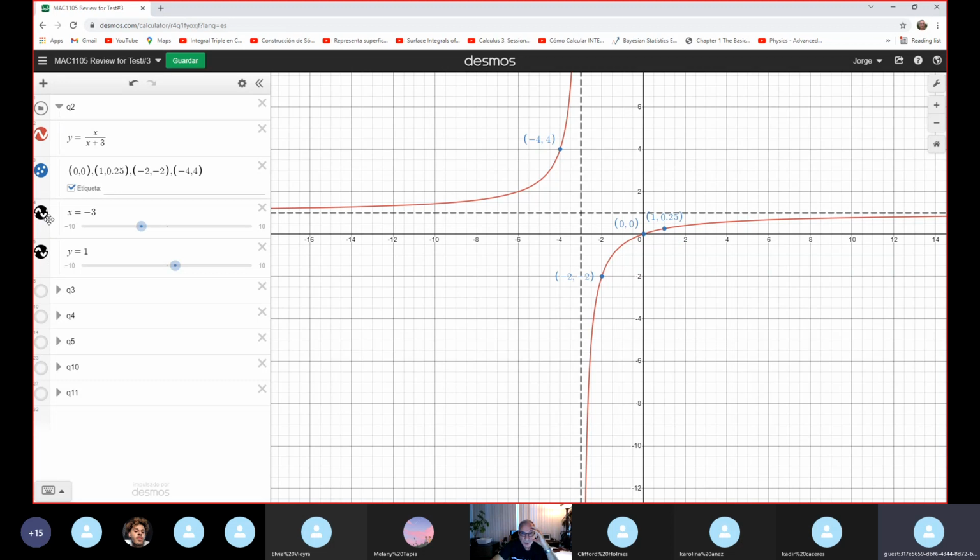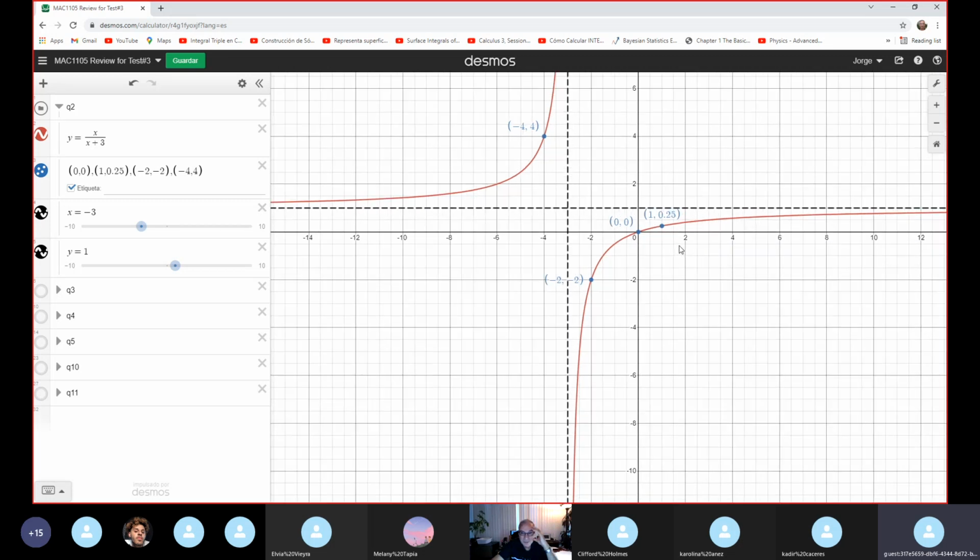I have several points, including the x-intercept, the y-intercept, and 3 additional points. In this case, I take different ones. I take 1, I take negative 2. This is the same, they are coincidence. But no, because I take negative 5. Okay? You take arbitrary points, guys. Any question?